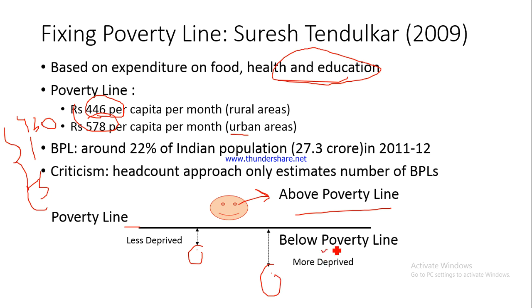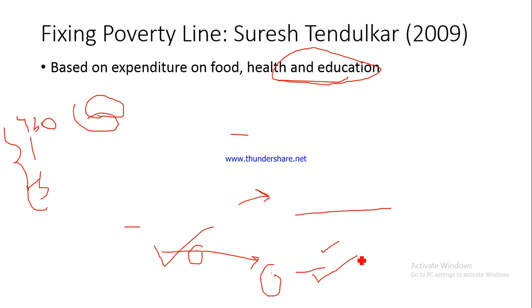This person is much below the poverty line, and hence he is more deprived. He is poorer, while this guy is less deprived. He is relatively well off if you compare him with the other. But the approach does not let us differentiate between these less deprived ones and the more deprived ones. So this is one major problem with the Suresh Tendulkar approach, right?